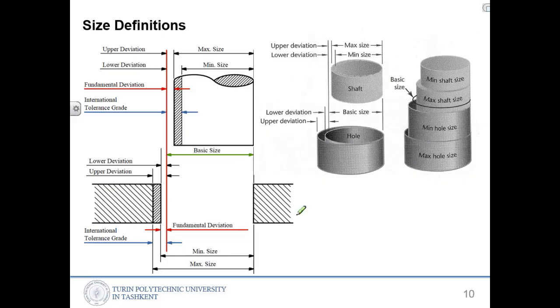This is a hole, and that is a shaft. The shaft has a minimum diameter and a maximum possible diameter, and the hole also has a minimum size and a maximum size.